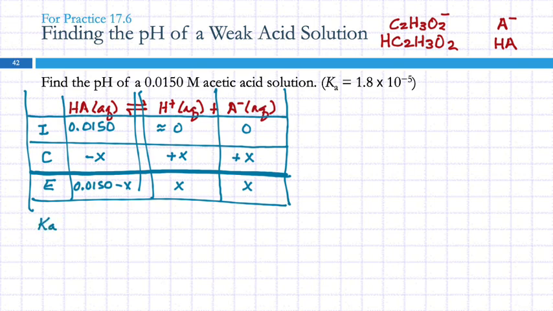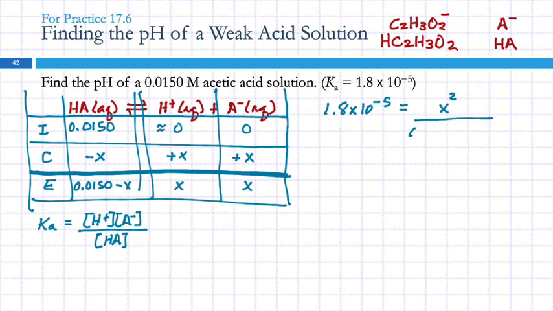So Ka is equal to the hydrogen ion concentration times the acetate ion concentration divided by the acetic acid concentration. So 1.8 times 10 to the minus 5 is equal to x squared divided by 0.0150 minus x.